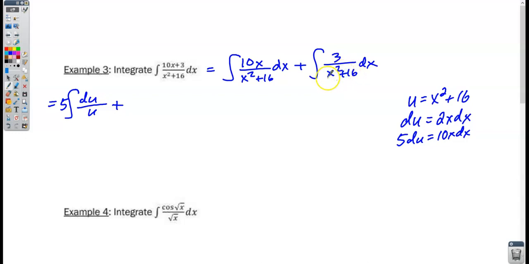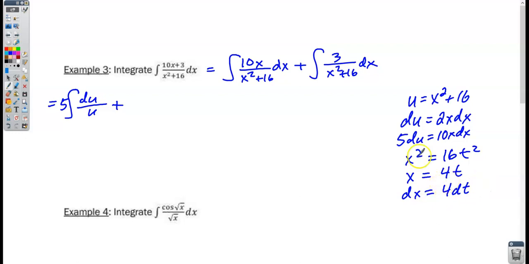I would like this to be u squared plus 1. So I'm going to try and turn this into u squared plus 1. And the way I do that is I make this x squared have the same coefficient as the constant here. So I'm going to make the substitution. Actually, I already used u in this problem. I'm going to replace x squared with 16t squared. And then that means x is equal to 4t, so dx is equal to 4 dt.